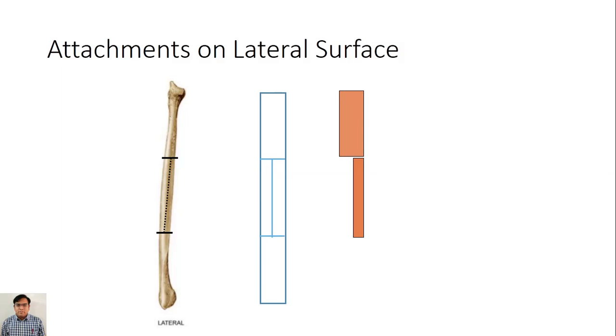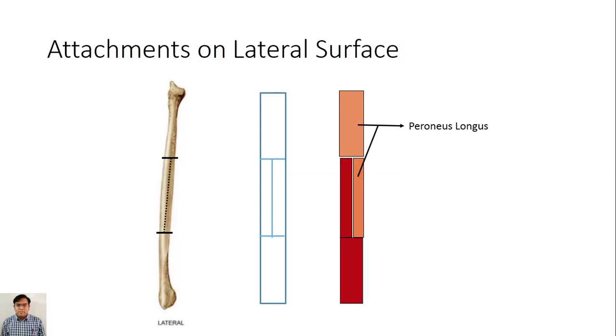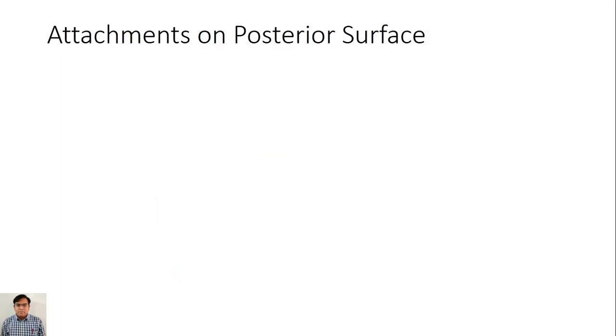The upper one third and posterior half of middle one third give origin to peroneus longus, as shown in this animation, and the anterior half of middle one third and lower one third give origin to peroneus brevis, as shown in this animation.